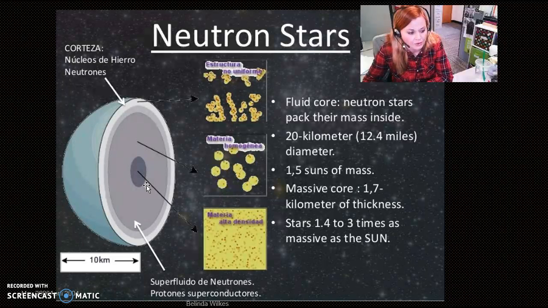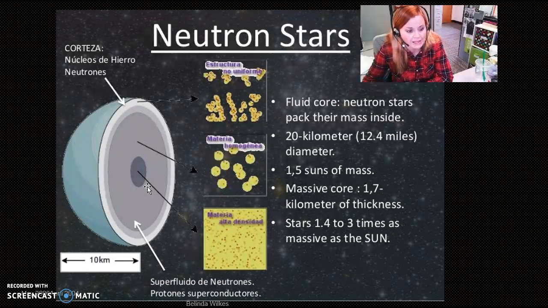Now, what happens as it collapses is it begins to spin faster than it was before. It's already rotating, just like all stars are rotating, but it spins faster and faster and faster the smaller it gets. Neutron stars can be between 20 and 10 kilometers wide, so not very big at all compared to an actual large mass star, right?